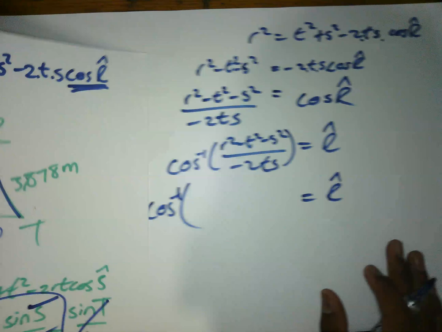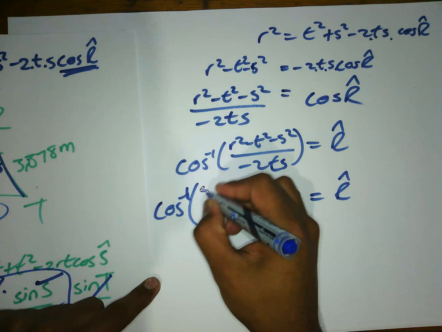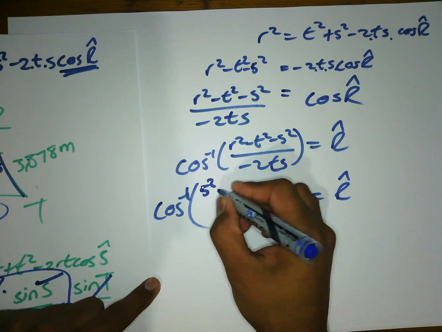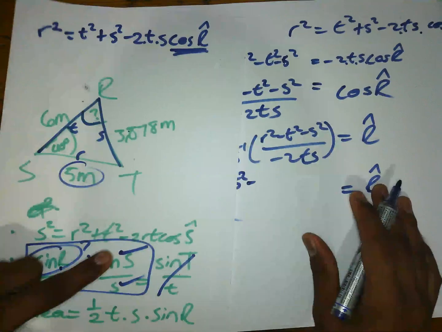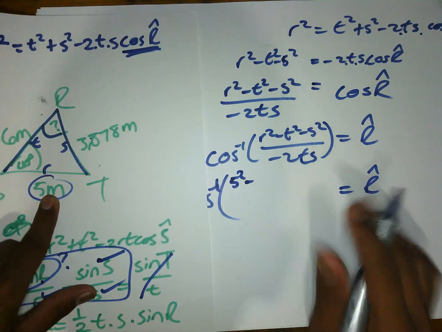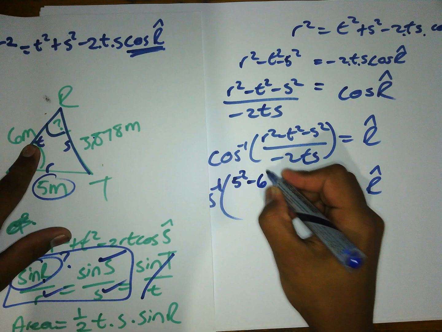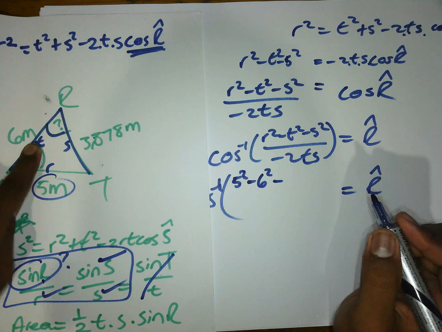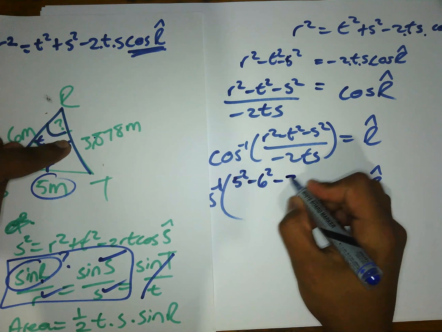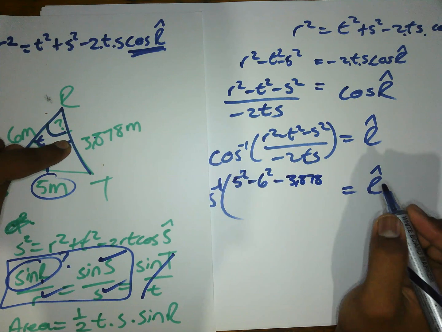Am I still with you guys, or are you still with me? So my r squared is 5 squared. So my r is a 5, right? My r is a 5 minus my t, small t, is a 6 squared, minus my s, which is 3.878 squared.